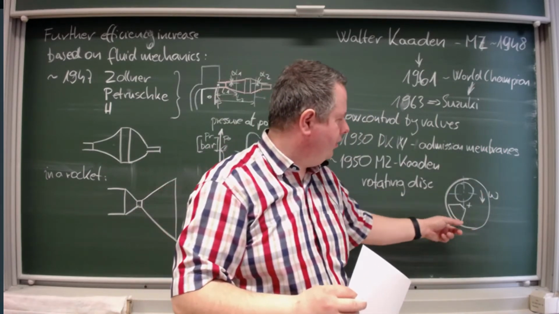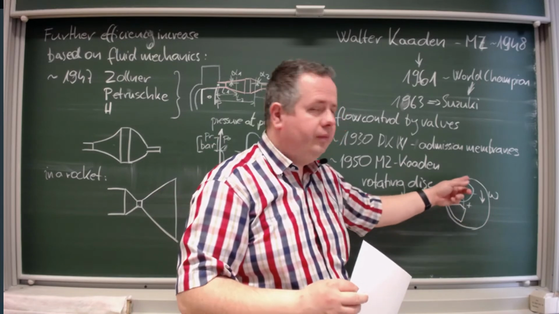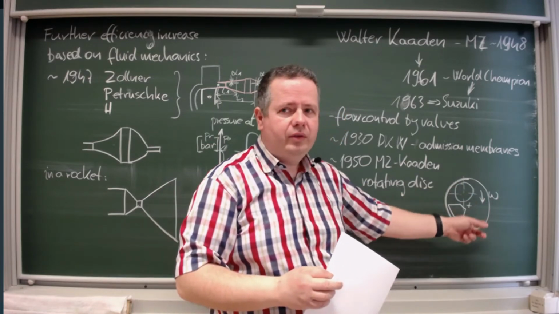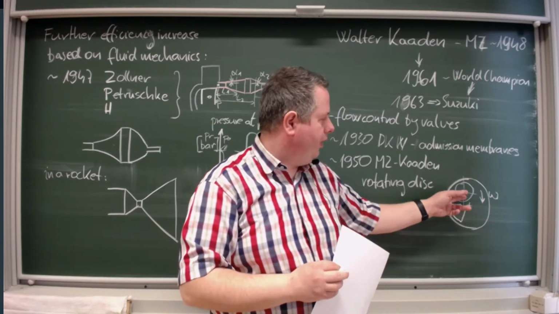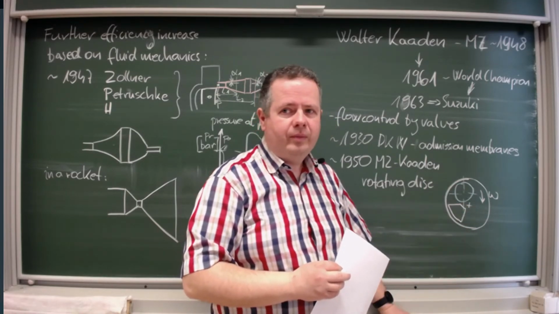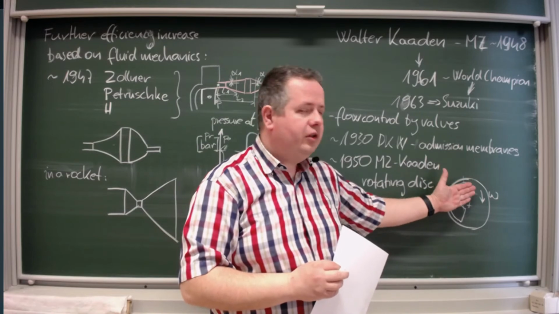If the disc rotates in synchrony with the engine crankshaft, you can set this window in such a way that it opens when there is admission. And after, the cross-section is closed.